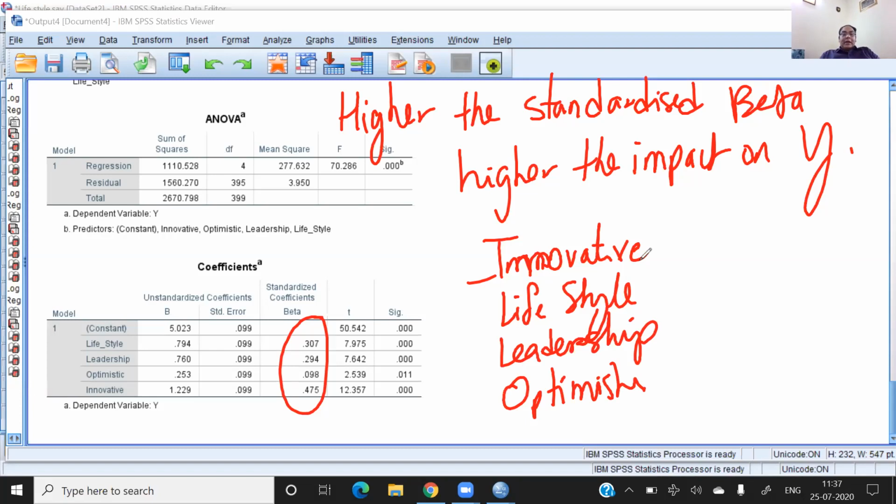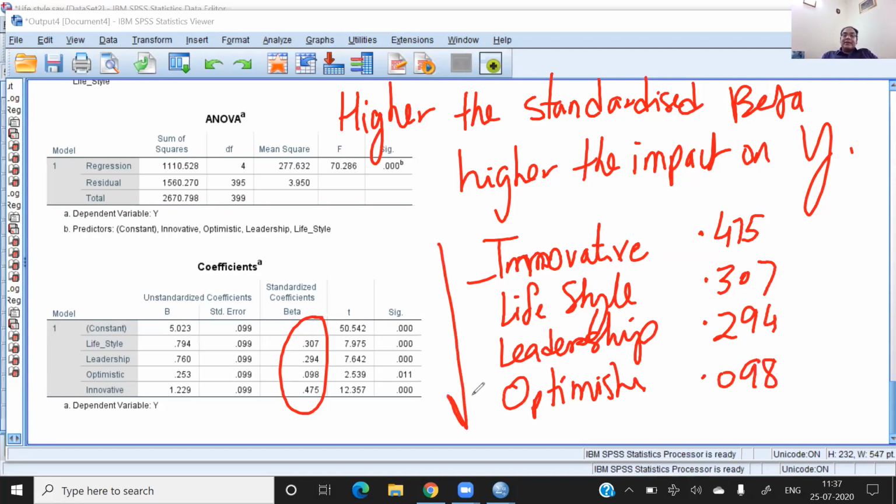The impacts are 0.475, then 0.307, then 0.294, and 0.098. So we can arrange them in descending order with respect to their impact on the dependent variable.